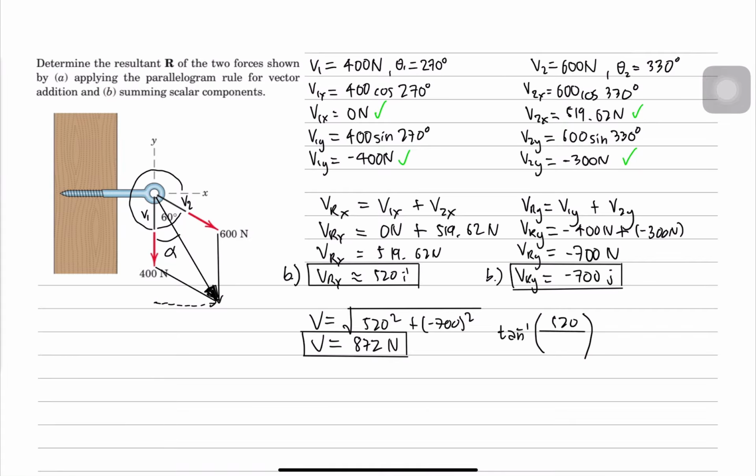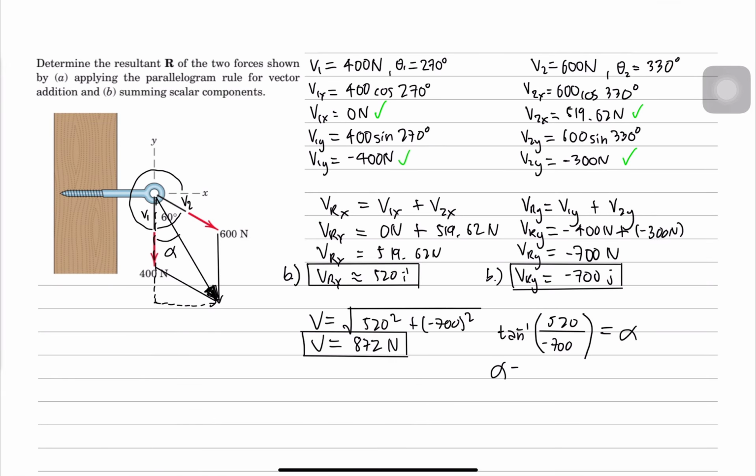And then the adjacent of this angle is the y component, which is negative 700. I'm going to rewrite the 5 and the 5 more. There you go.